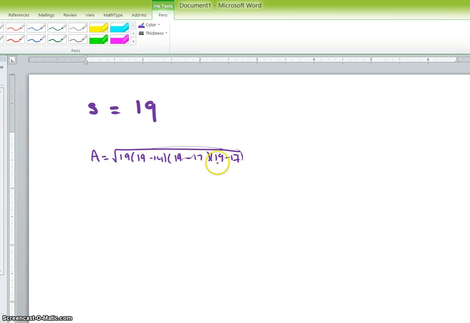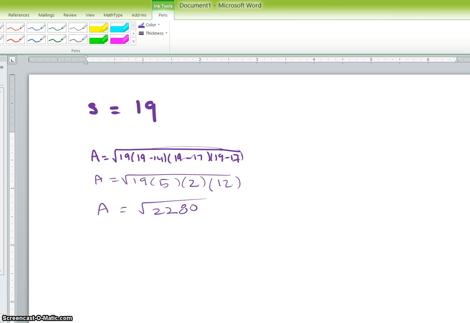We left off with the area formula. So I'm just going to simplify these three numbers inside the parentheses. And I get the square root of 19. 19 minus 14 is 5. 19 minus 17 is 2. And 19 minus 7 is 12. And when I multiply those three numbers, I get 2,280.